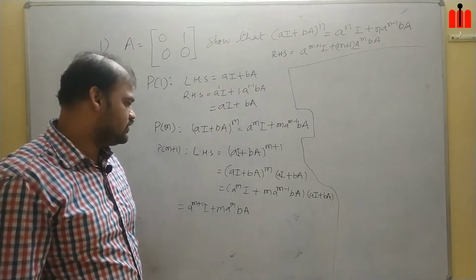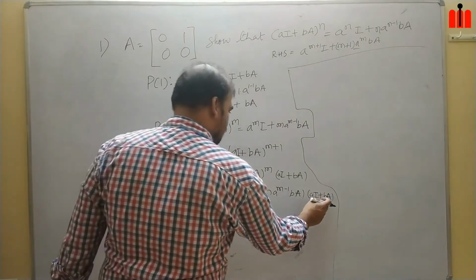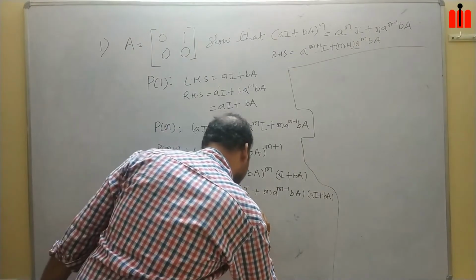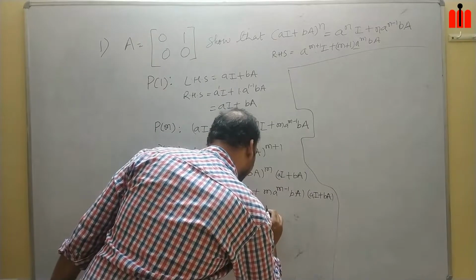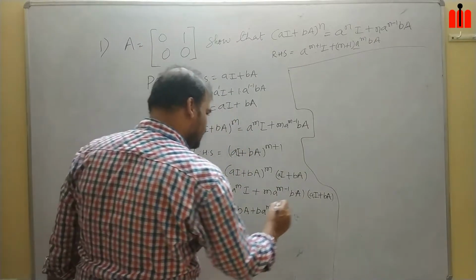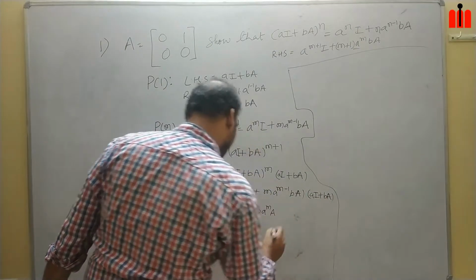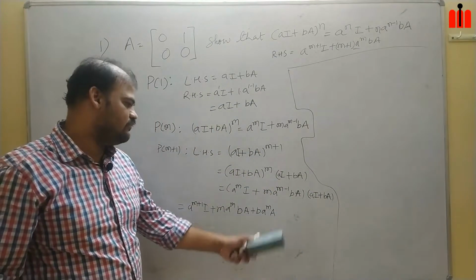So we got it. Next multiply b over here, so it will become b a^m I into A, it will again become A. So it is b a^m A.